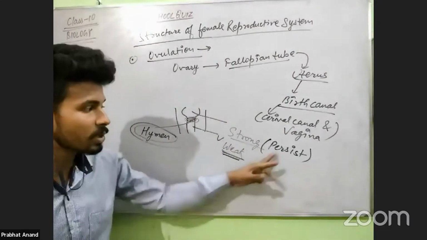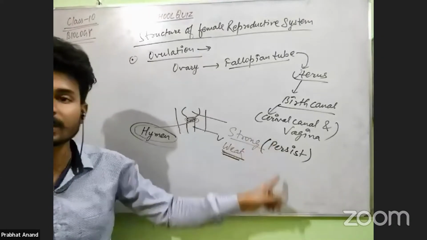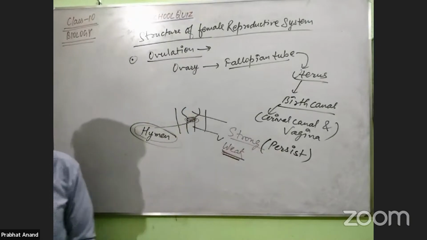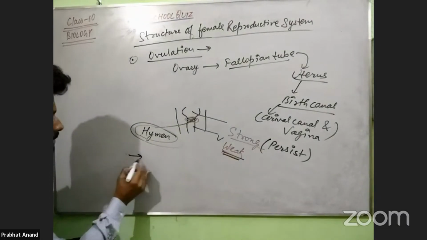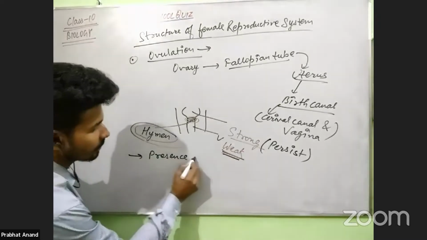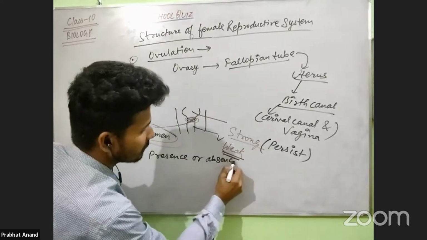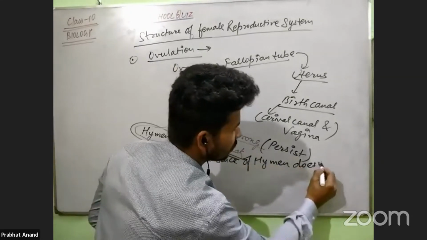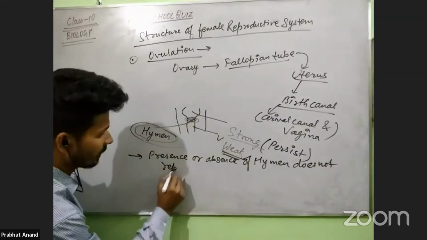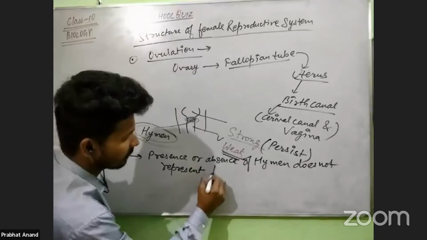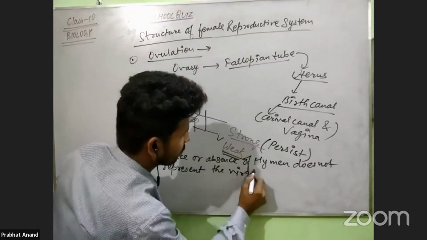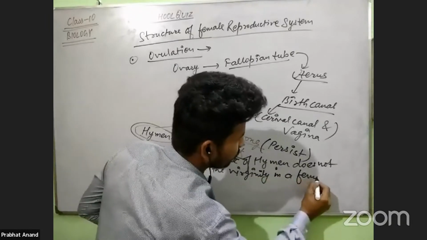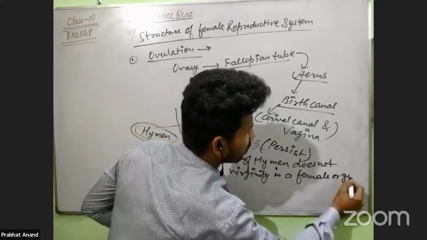So due to these two cases, the persistence after intercourse and the breaking due to physical activity, the presence or absence of the hymen does not represent the virginity of a female or girl, right?